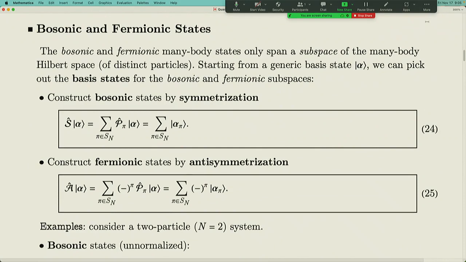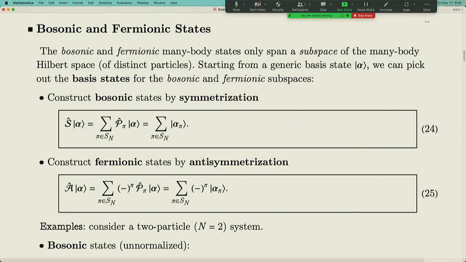That leads to the idea that we can define symmetrization or anti-symmetrization operators that take any state in this many-body basis and convert it into a state which satisfies either the bosonic property or the fermionic property.